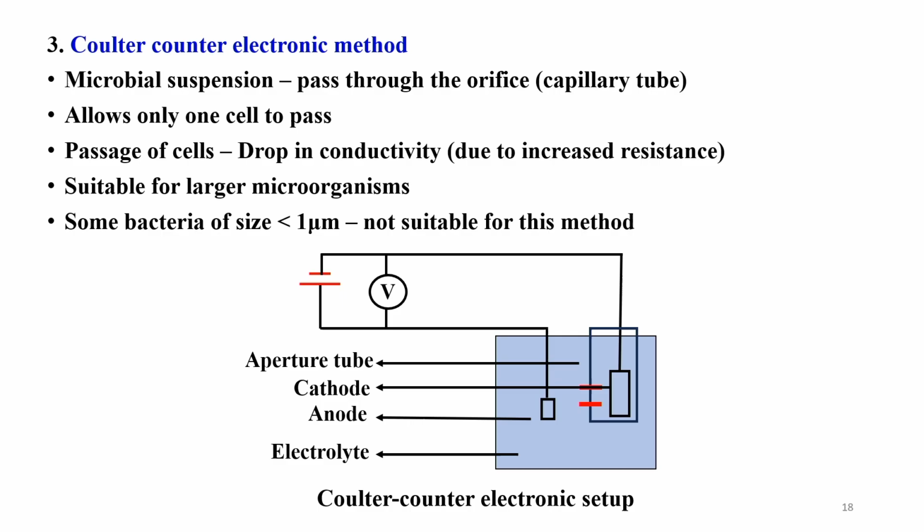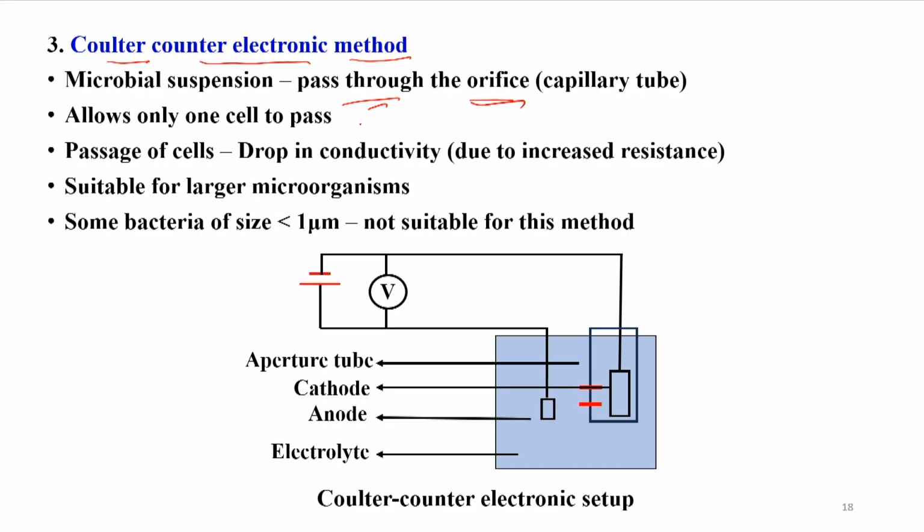And the next method is the Coulter counter, an electronic method. You are going to have an orifice tube and the microbial suspension will pass through it.